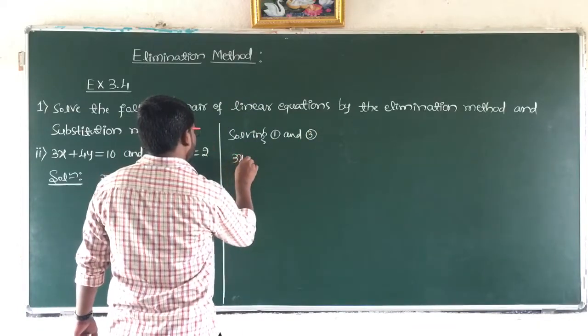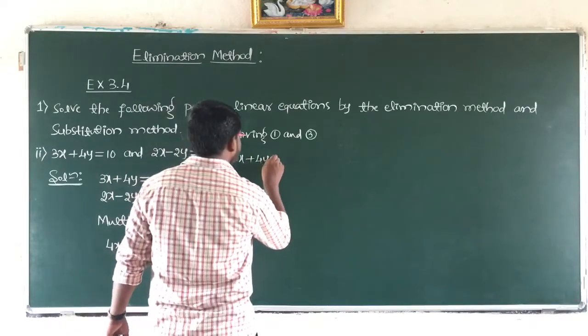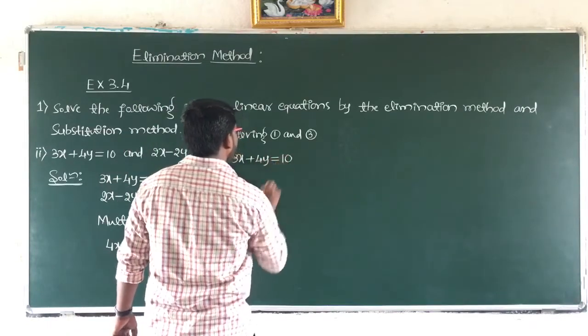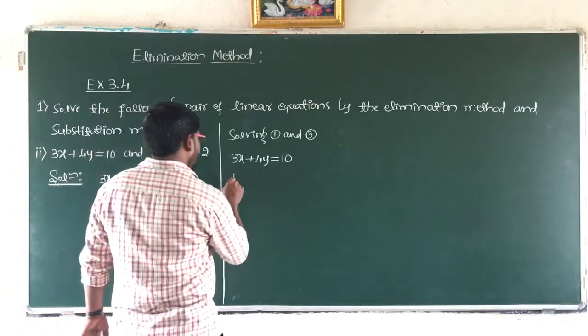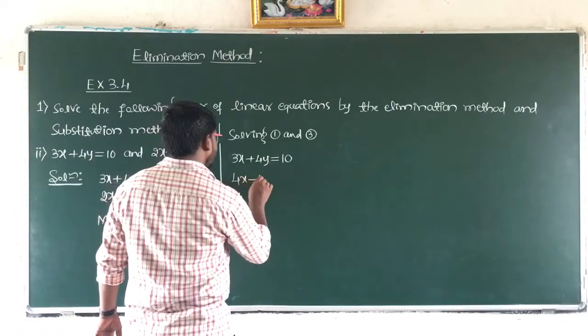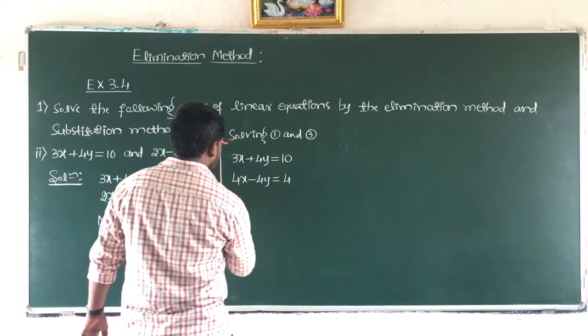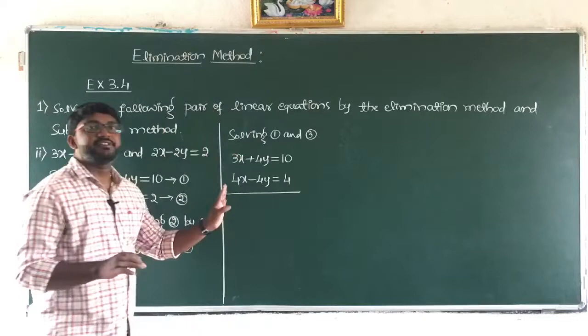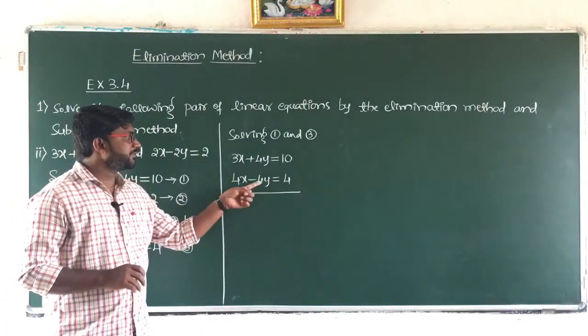3x plus 4y which is equals to 10. Then 4x minus 4y which is equals to 4. So here, don't change the signs now, because plus 4y minus 4y get cancelled.